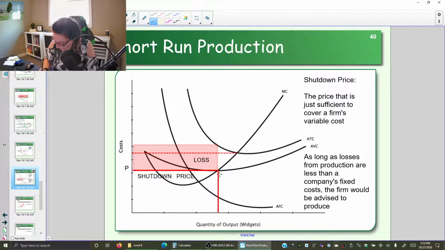Well, the question is can we release it for a price that at least covers some of the cost, at least pay the actors, the staff, and then any extra money that we make could help pay down some of the bigger fixed costs. That depends on whether we can get a price out of it that is above the shutdown price or below.